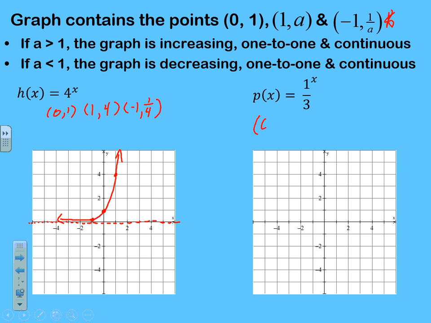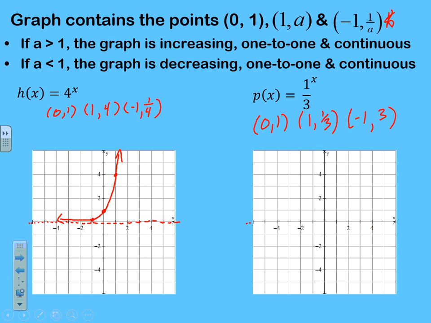So (0, 1) is always going to be used for an exponential function, or at least a basic one. And (1, 1/3), whatever the base is. And then -1 and the reciprocal of the base, which the reciprocal of 1/3 is just 3.